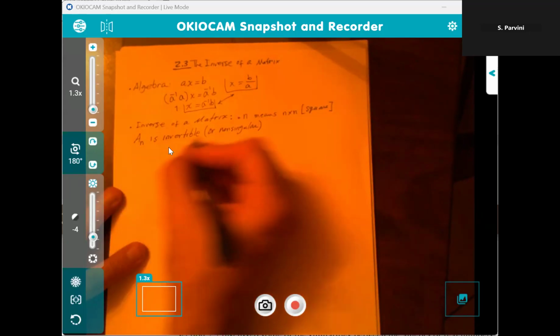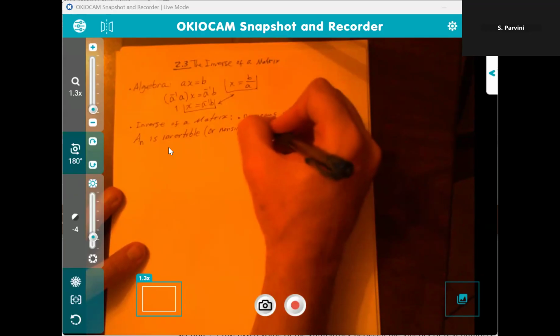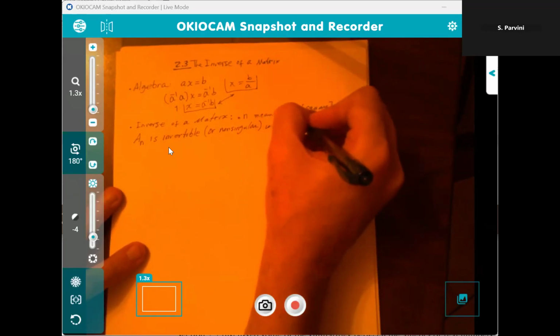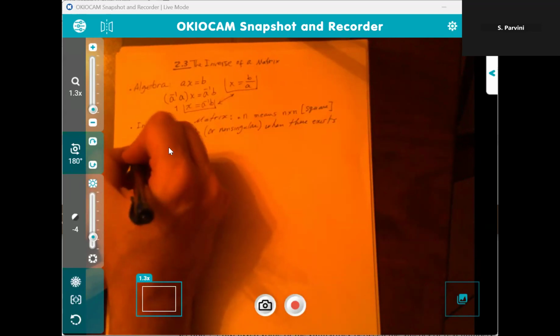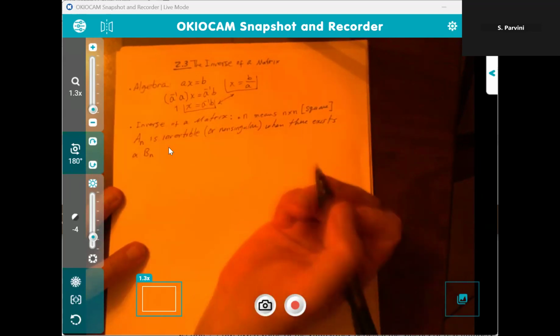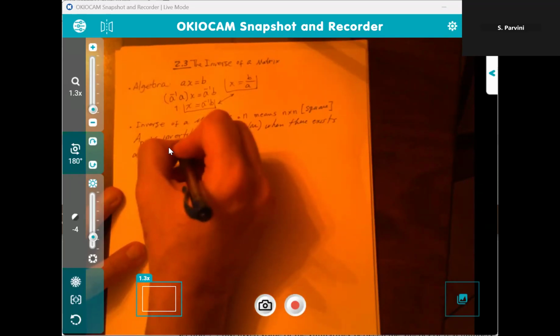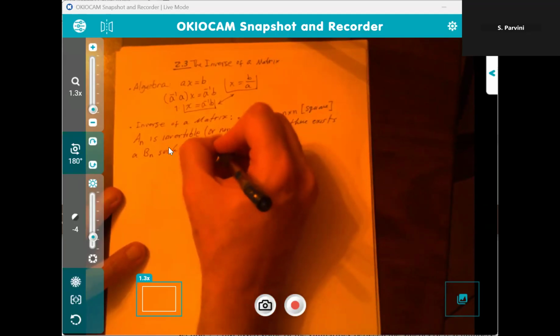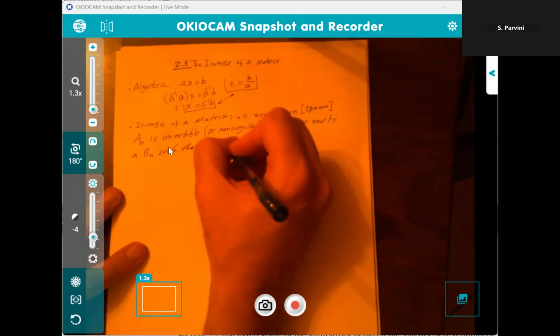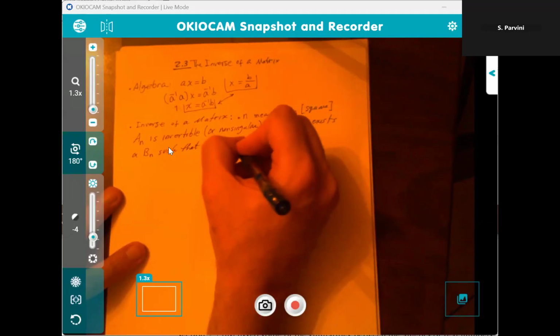So A sub n is invertible when there exists another matrix B of order n, so the same size, such that when you multiply AB, that's the same as the product BA.